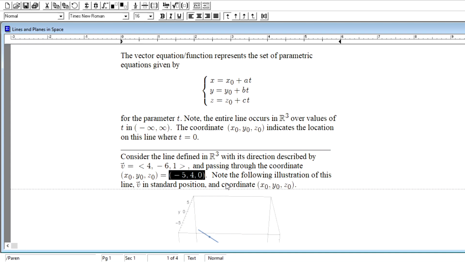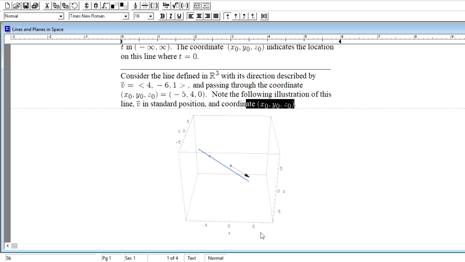What we might note is the following illustration of this line, which also illustrates the vector describing its direction in standard position and the coordinate x null, y null, z null. Here is the illustration of that line.